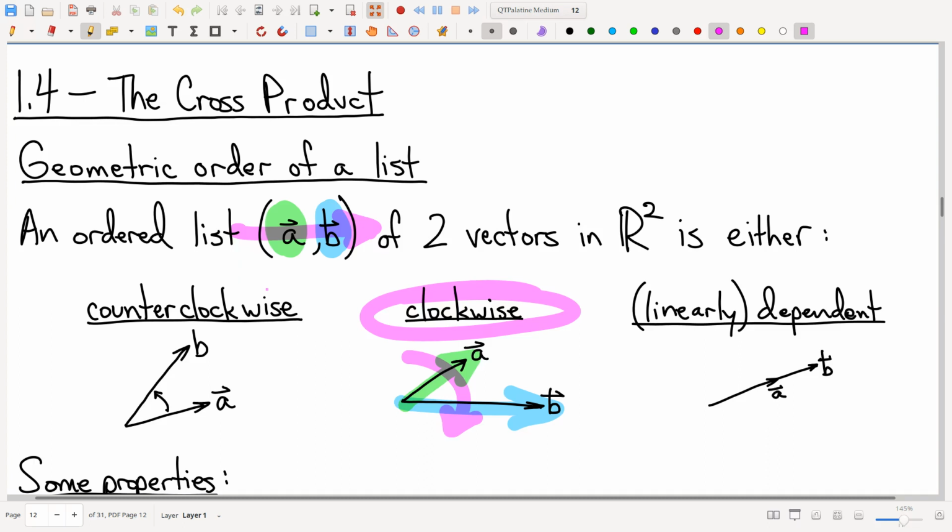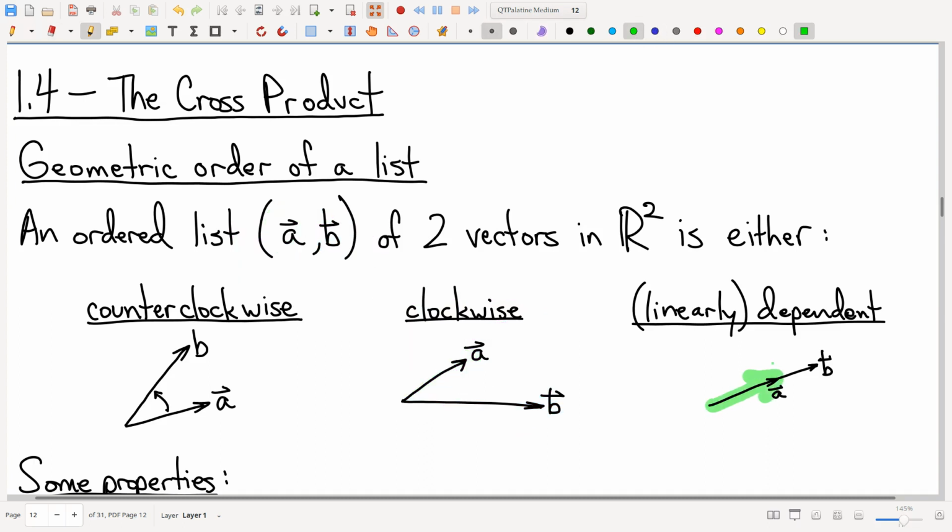And then, of course, there are some cases where it doesn't really make sense either way. So, for example, here's A, here's B. You don't really have to turn at all, or you could say you do a full turn, but you could just as well do a full turn in either direction. It is not clear whether we should call this clockwise or counterclockwise. By the way, there's other versions of this. What if the A pointed the exact opposite of the direction of B?